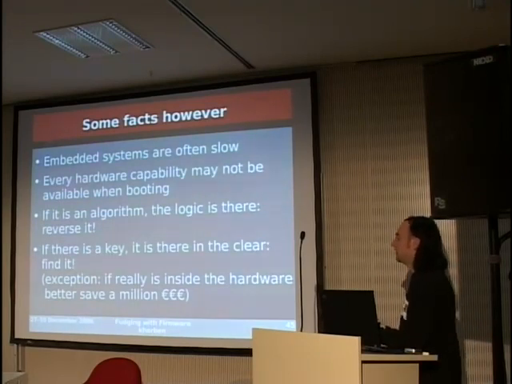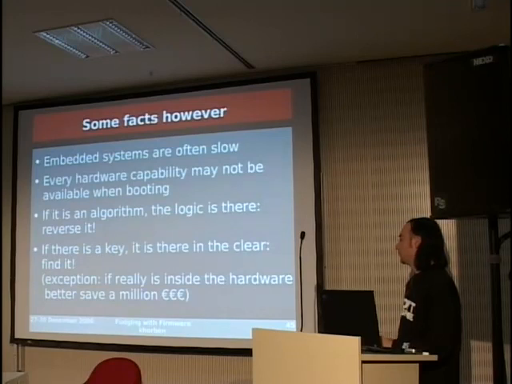And if it is, it's certainly unpacked at boot time and so the logic is there, just written in assembly language. So try to reverse it. Try to reverse just the bootloader, or what looks like the bootloader. If there is a key, it's certainly there in the clear. Unless with the newest DRM devices, but I don't know if there are so many here, and some implementations are just broken or not using them.